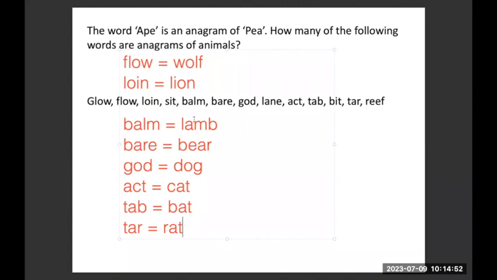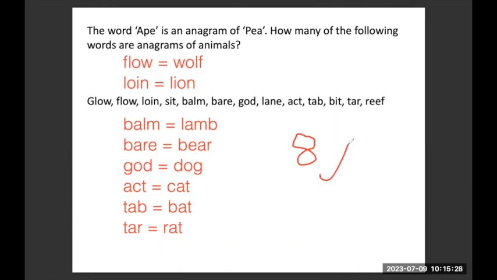So 1, 2, 3, 4, 5, 6, 7, 8. Most of you had given the answer to be 7. I don't know which one you missed. I'm not sure. Many a time people missed on lamb or beer. There's a very high possibility. But yeah, these are the 8 possibilities. So the correct answer is 8.